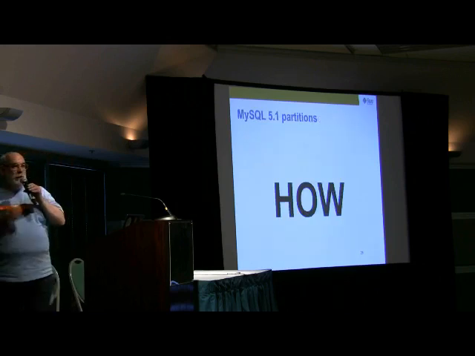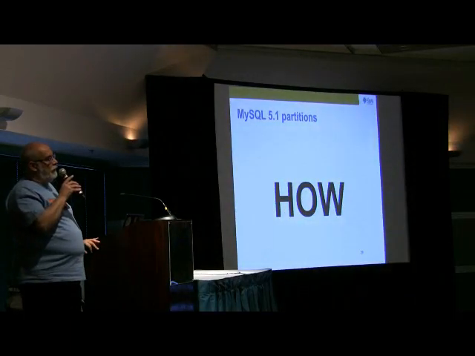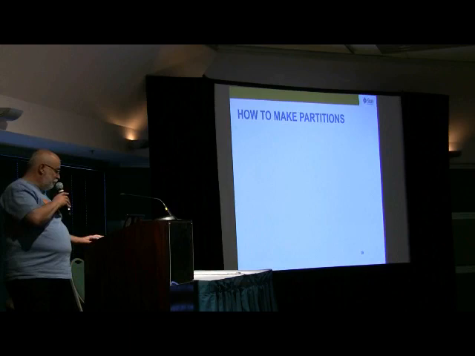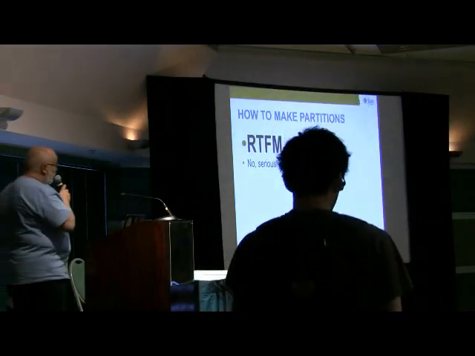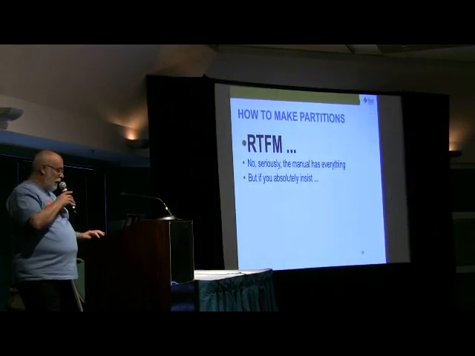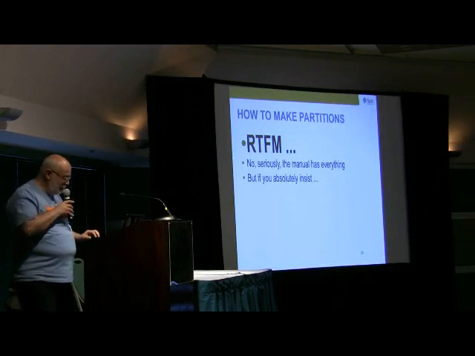So how does it work? Now, in a tutorial, I will go through it and explain the syntax step by step. But here, I have to tell you, really, look at the manual, because the syntax for partitioning is long. I'm going to just give you an example because time runs.